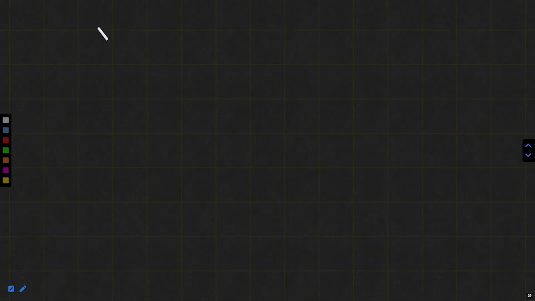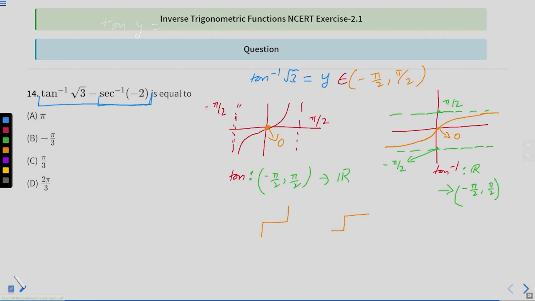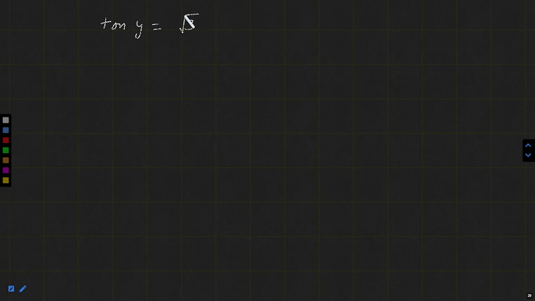Now write tan y is equal to root 3. And this value, if you recall, root 3 is equal to root 3 by 2 over 1 by 2.